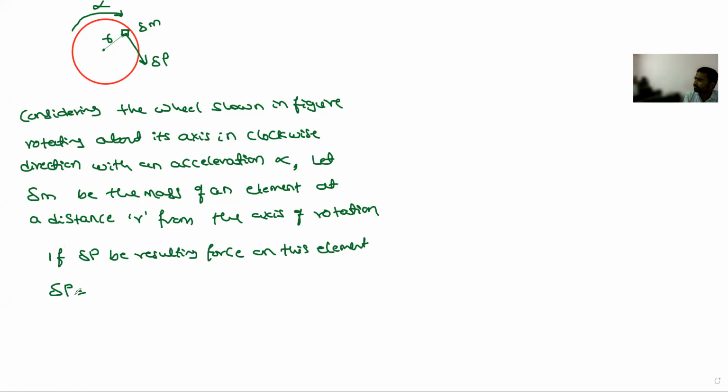What is force? Mass into acceleration. Here delta P is the small force on the small elemental body. What is the mass of the elemental body? Delta M, into acceleration. What is the acceleration? Alpha. Okay, delta P is equal to delta M into alpha.